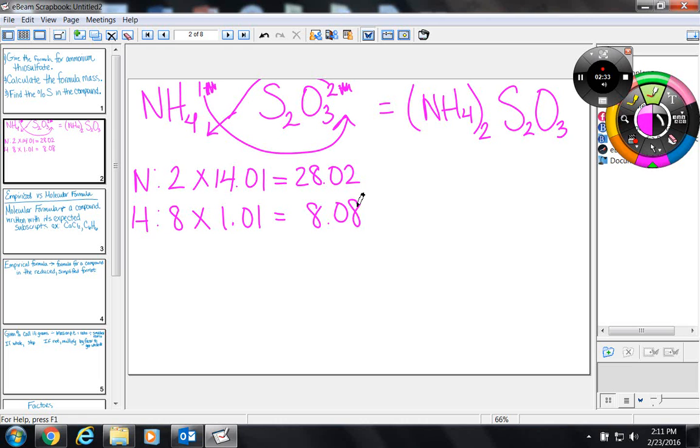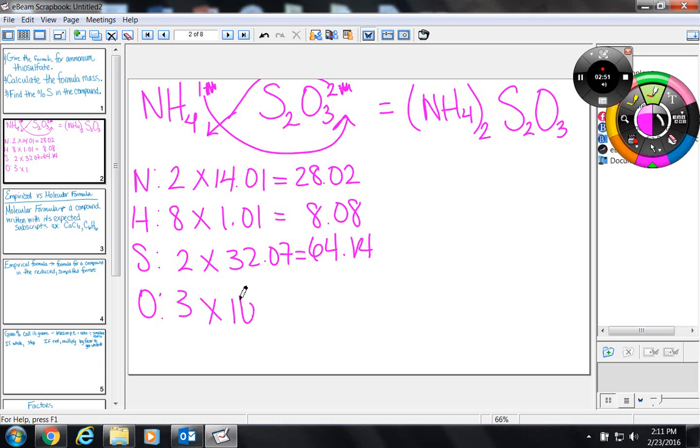And then the S is 2, and then multiply that by the mass. And then O, and multiply the mass of O. And I add it all together. Okay?